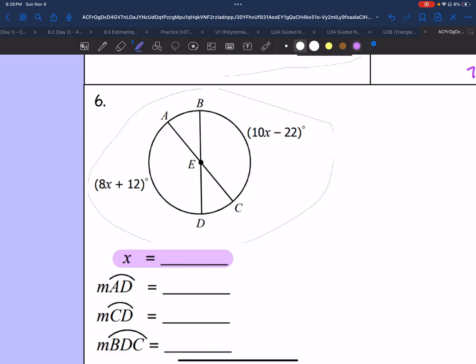All right, so I'm going to identify first, where is x? Well, x is in this arc here, and x is in this arc right here. What I'm going to notice is that these arcs, so arc AD opens up to this angle here.